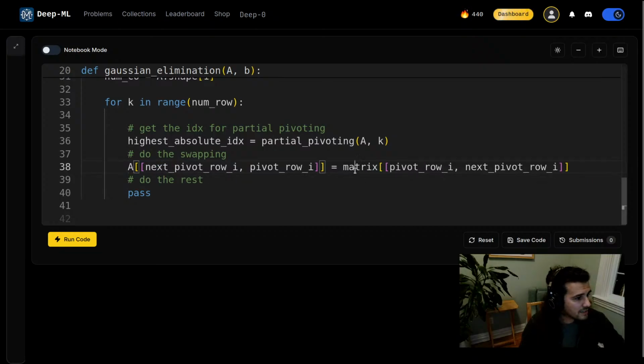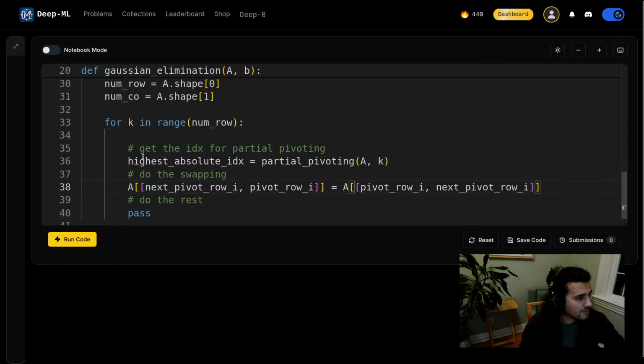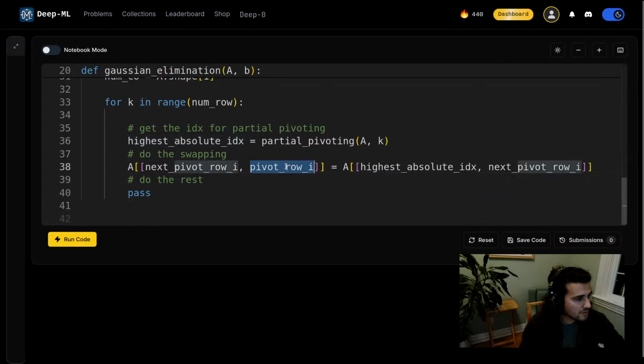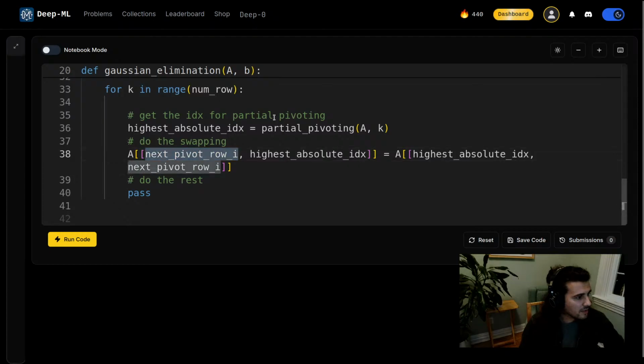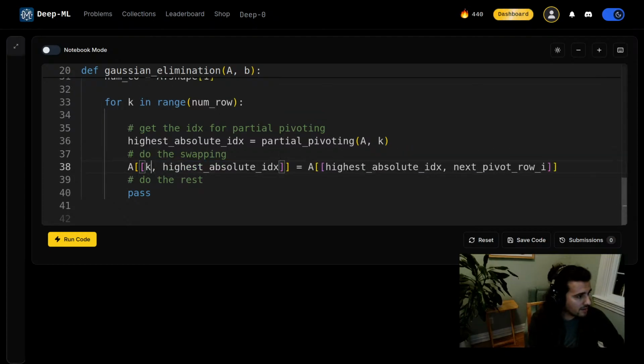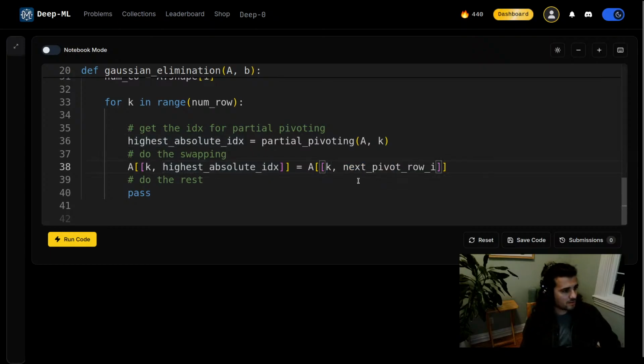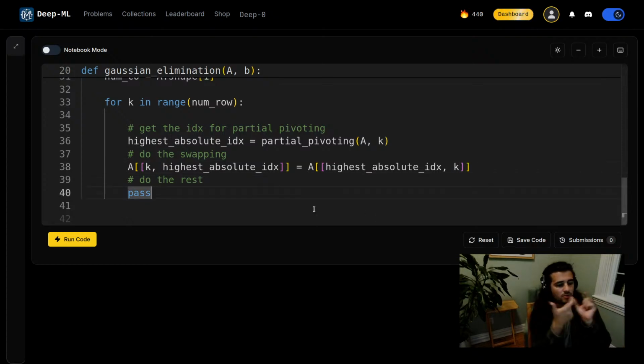So this was A, this is A, and then what we're doing effectively is we're just swapping the two together. So we're taking this one, and here I can put K there, and then take K there, and that will, whoops, here, that will just swap the two, right?